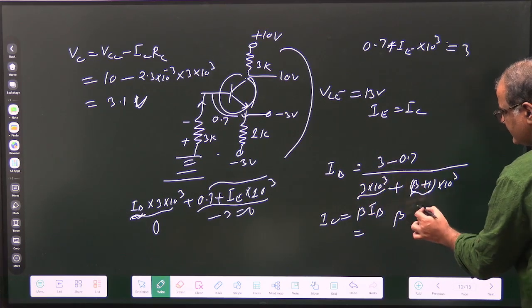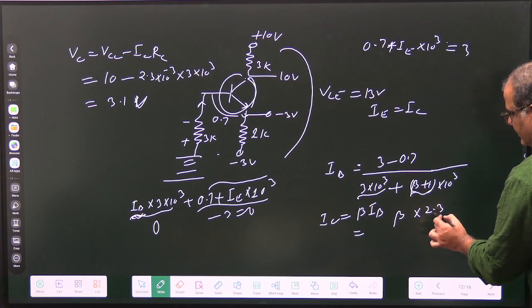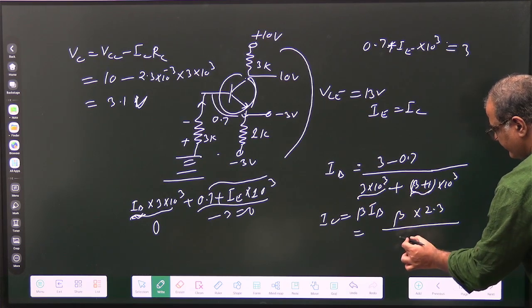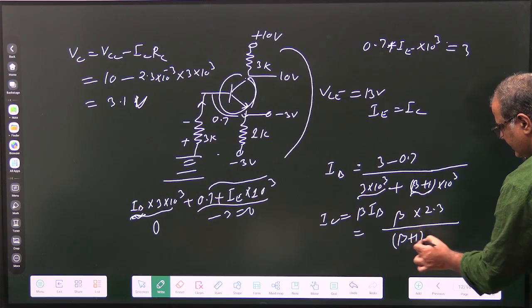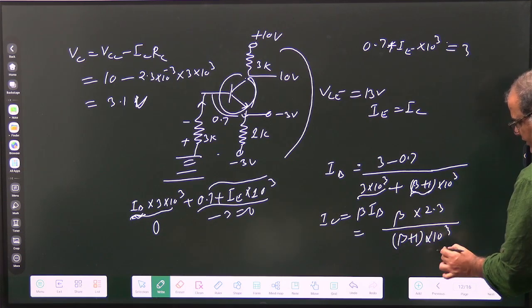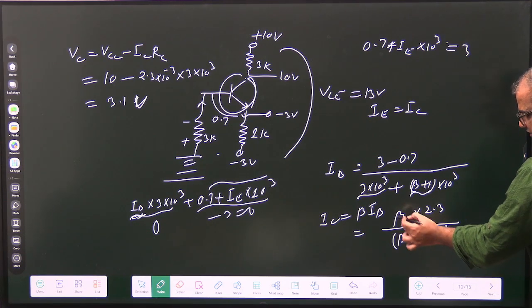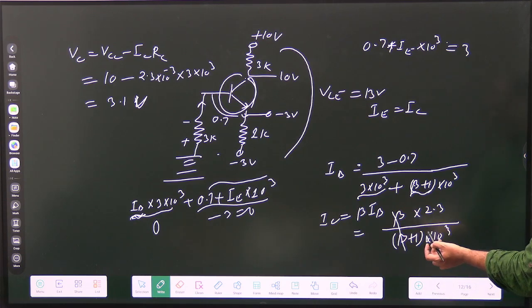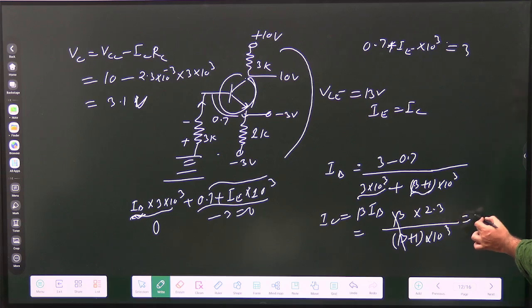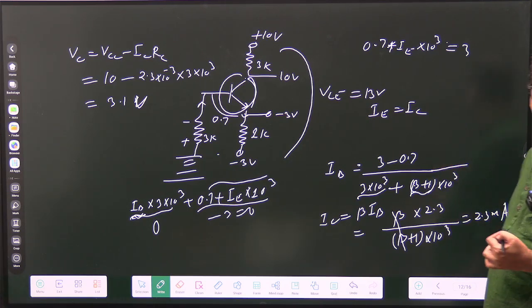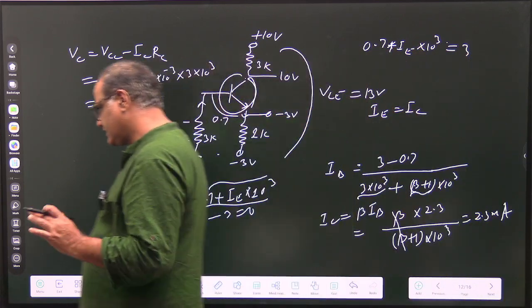Multiply IB, this is 2.3, and this is your beta plus 1 into 3. Now this beta is very high, I can neglect 1. I can cancel this, and this will become 2.3 milliampere. And this you can use later. So this is the better method.